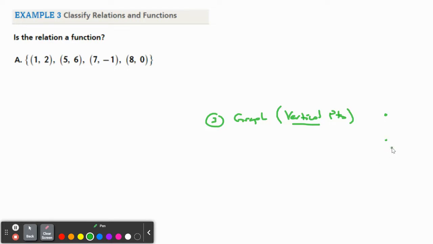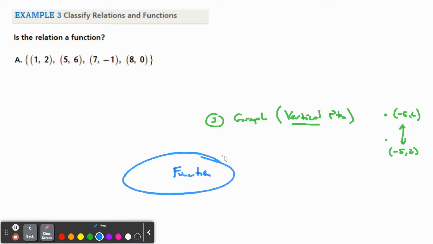And our example here was like if you have a -5, 2 and a -5, 6. 2 points that have the same x value but different y's. If that was the case, this would also not be a function. But through all of these 3 ways to determine if it's a function or not, we determined that it is actually a function.